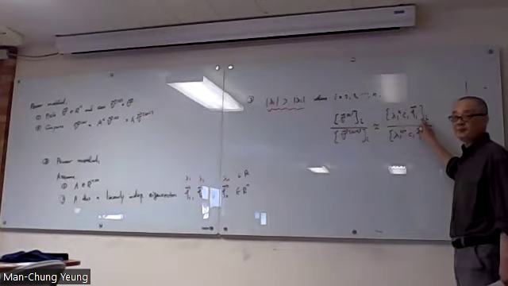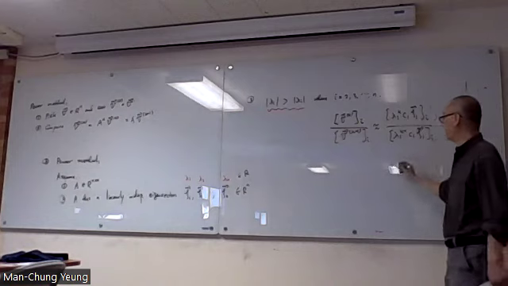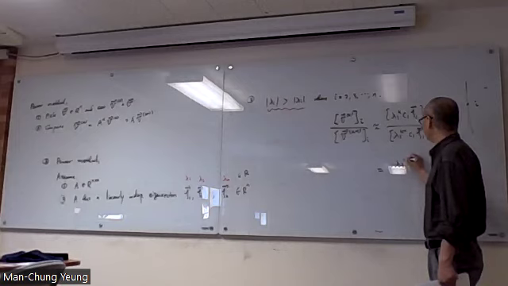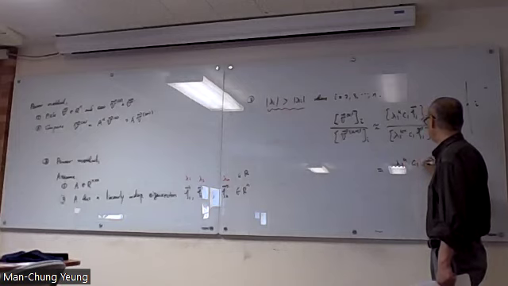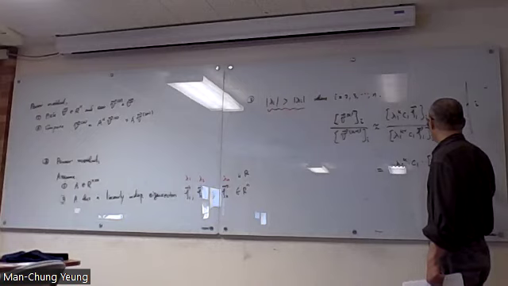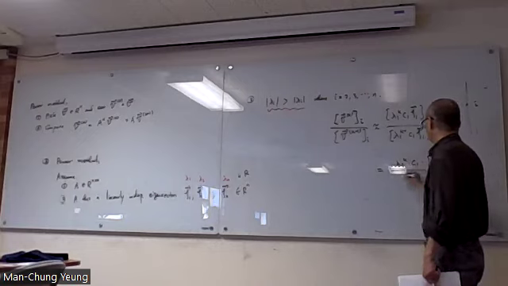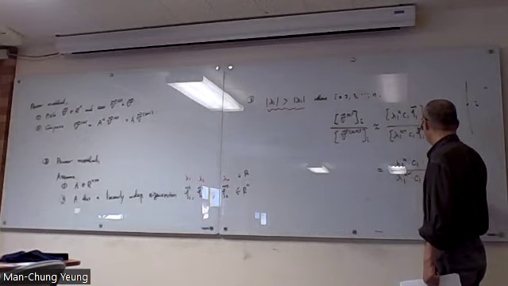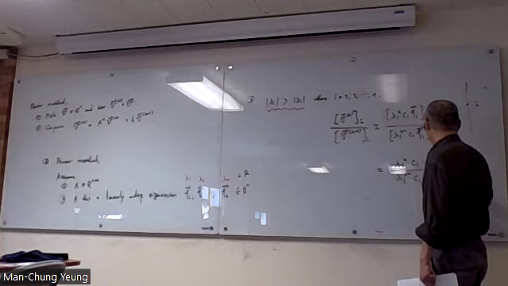A number times a vector, the i-th entry, so I can move the number up: lambda 1^k times c1 times the i-th entry of psi 1, over lambda 1^(k-1) c1 times the i-th entry of psi 1.